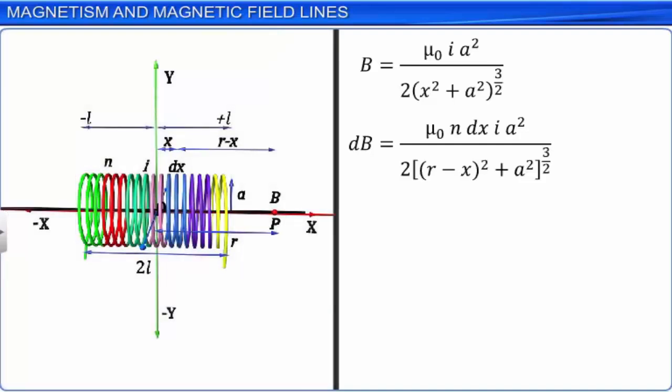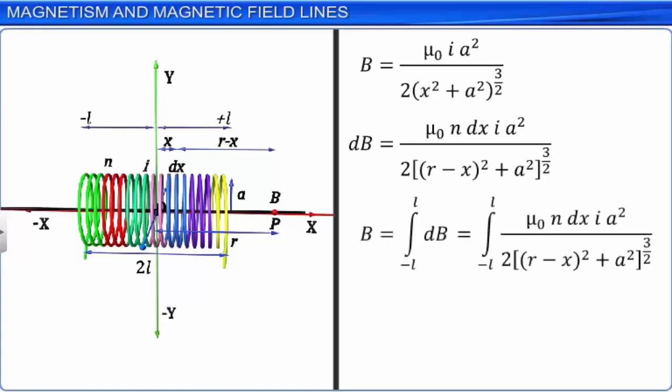Thus, the total magnetic induction at the point P due to the solenoid is B equal to integral -L to L dB. That is equal to integral -L to L, mu naught n dx I A square by 2 into (R minus x) square plus A square whole power 3 by 2.